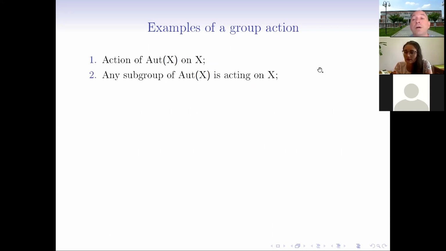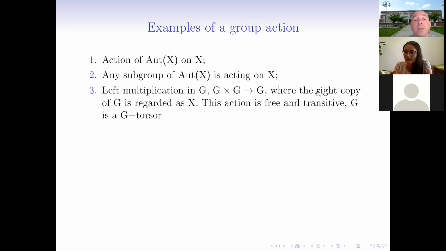Any subgroup of Aut(X) is acting on X. This action is induced by the natural, canonical action of Aut(X) on X. Let's consider left multiplication of G on itself. So let's take the multiplication, which is a map G cross G to G. The right copy of G is viewed as X capital, and the left copy is still G. This action is free and transitive, so G is a G-torsor over itself.